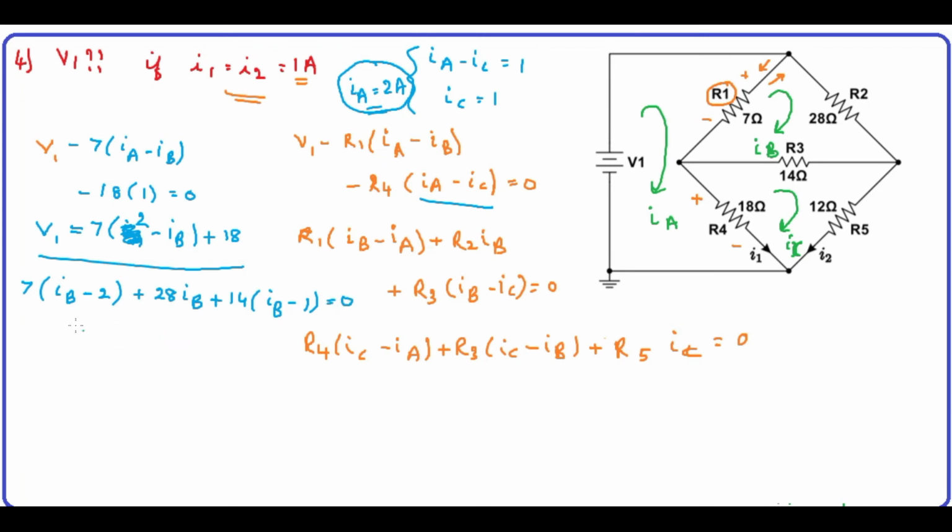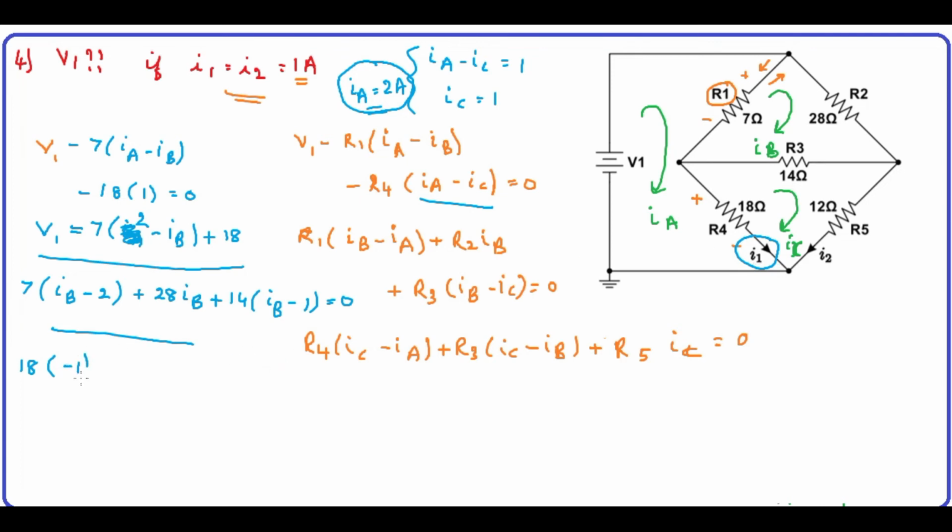So this is the second equation. So the third equation is R4. R4 is 18 into IC minus IA. So the current passing through this is IC minus IA, which is opposite to I1, so definitely it will be minus 1.